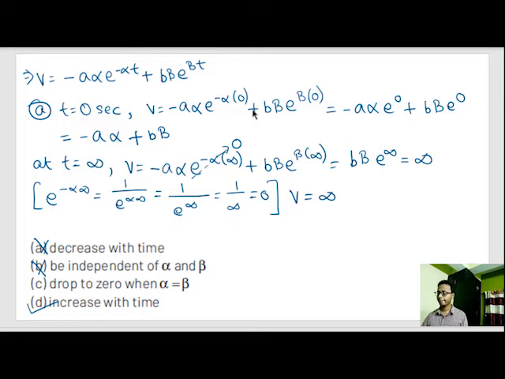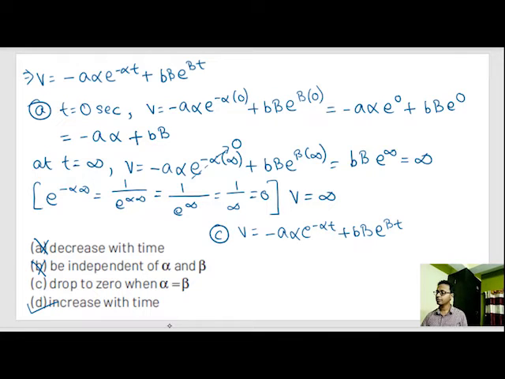Number C. Let's check option number C. Drops to 0 when alpha is equals to beta. So, you can either check this option by turning everything into beta or everything into alpha. V is equals to minus A alpha e to the power minus alpha t plus B beta e to the power beta t.